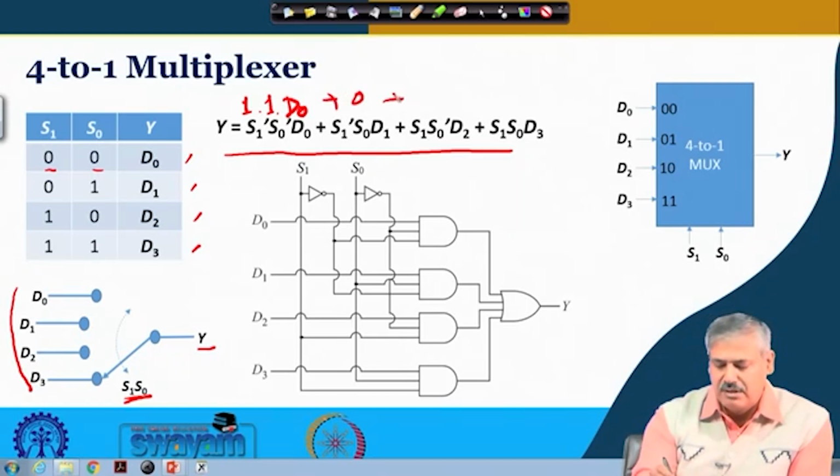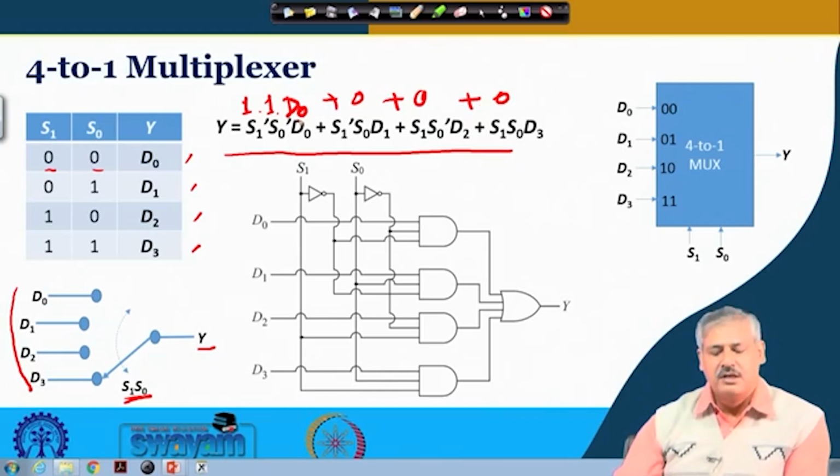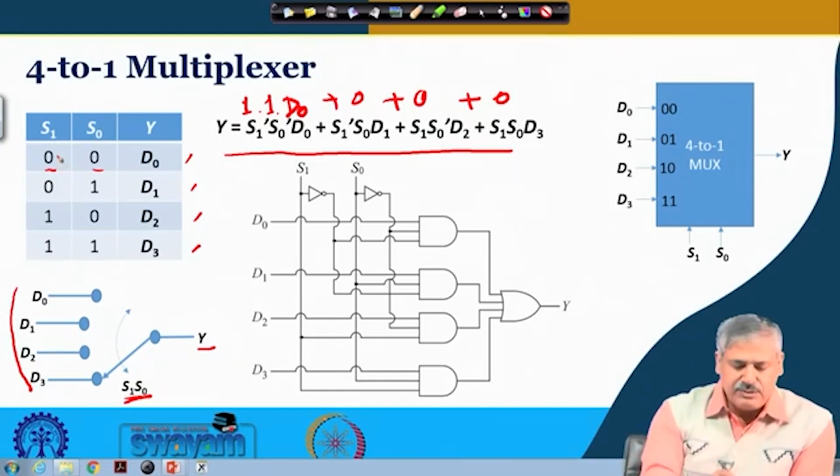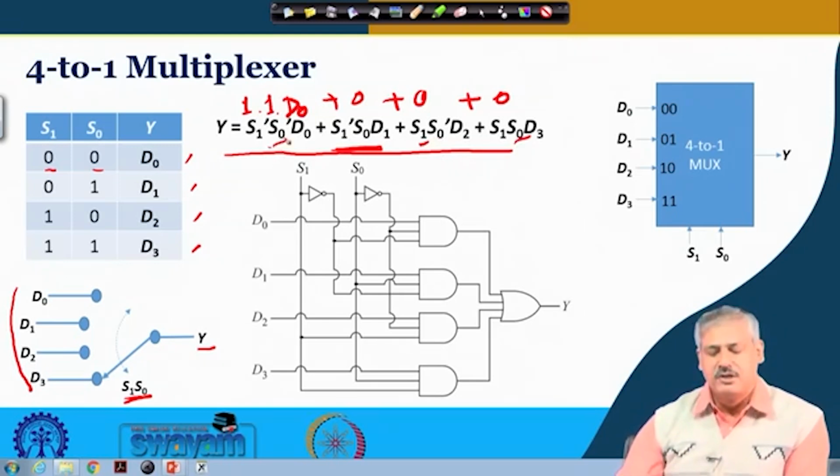So plus 0, plus 0, plus 0. Okay. So Y is nothing but D0. So for S1 equal to 0 and S0 equal to 1, this is the term associated with D1, which will be the value of Y, and the other 3 terms will be 0. So this is how we can write the expression.